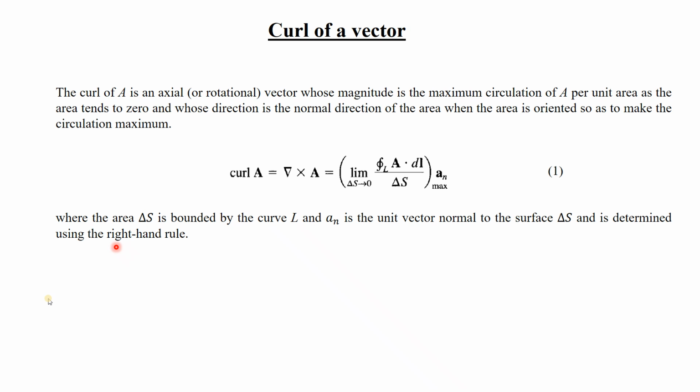Now, the curl of a vector is nothing but the cross product of the del operator and the vector. Obviously, if you perform the cross product, the resultant will be a vector.